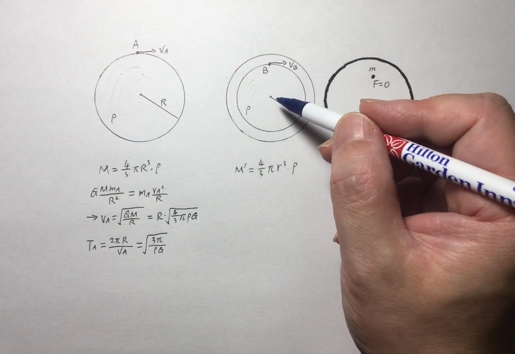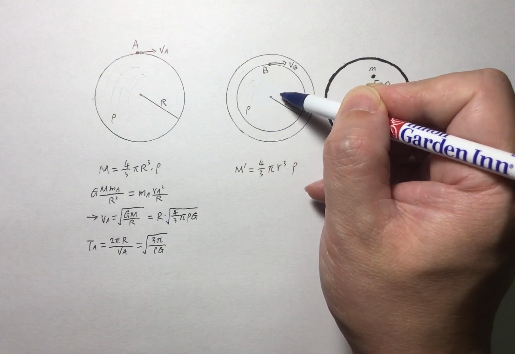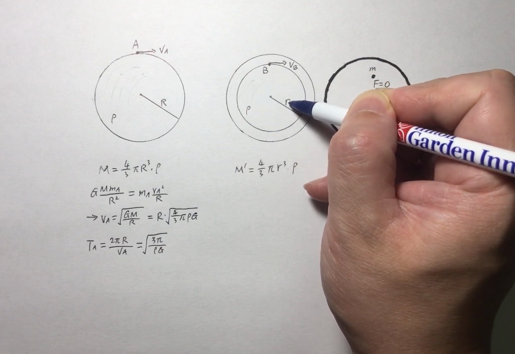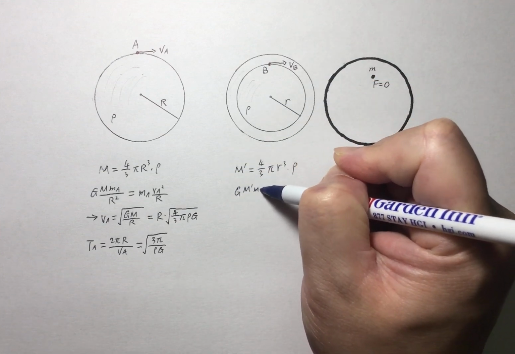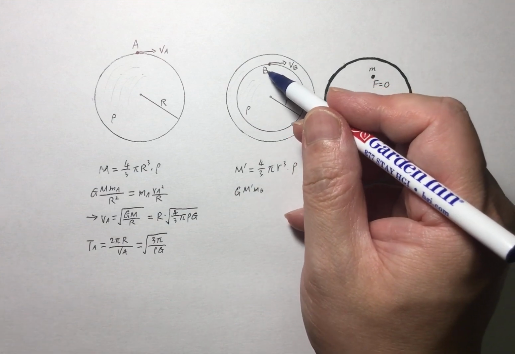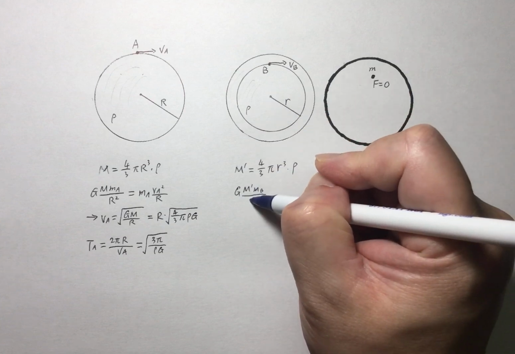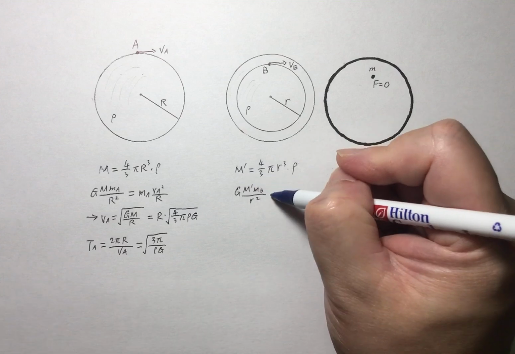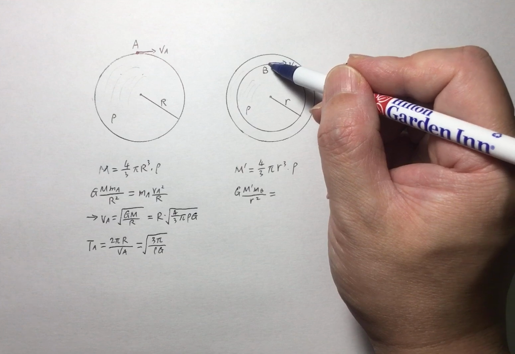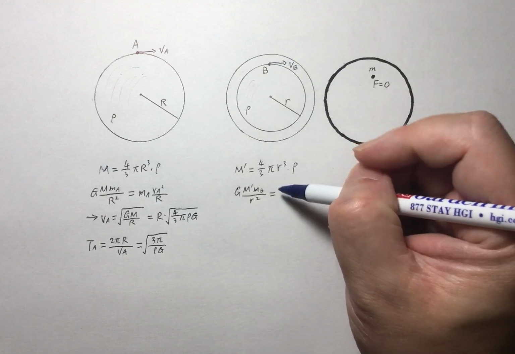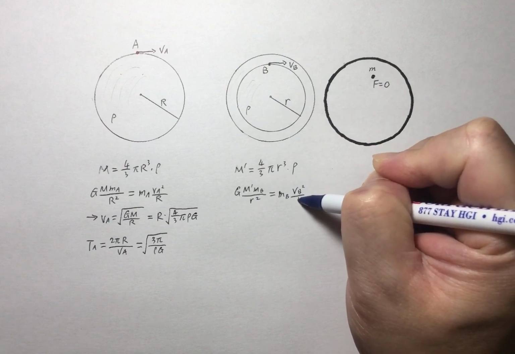And then the gravitational force from the dust of radius small r is G M prime Mb over r squared, where Mb is the mass of satellite B, because the distance is lowercase r. And again, this force should be equal to the centripetal force of satellite B, so it becomes Mb Vb squared over r.